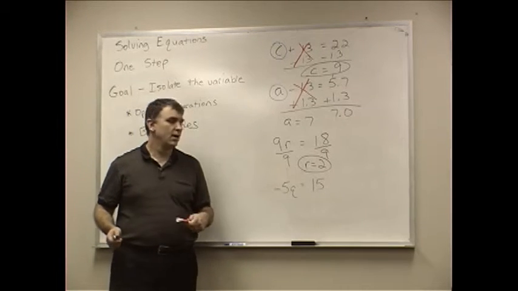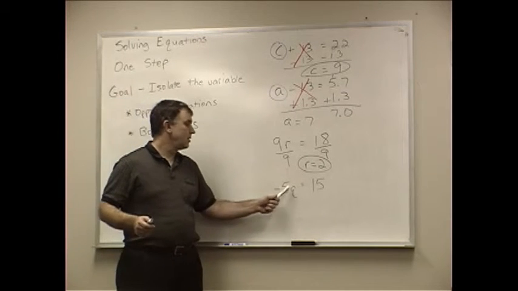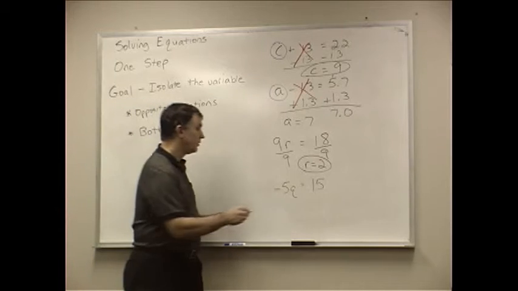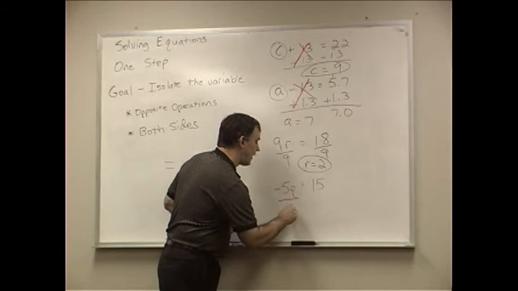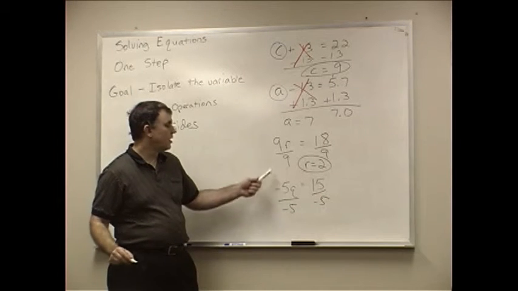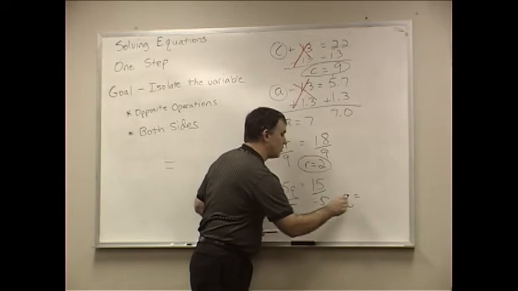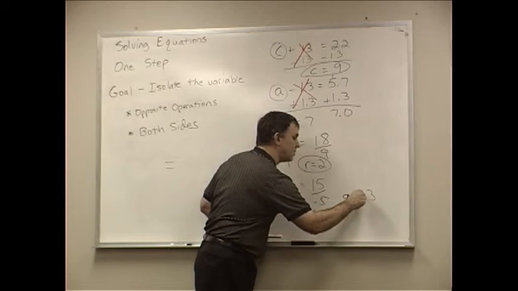The last one, negative 5q equals 15. Again, the opposite of multiplying is dividing. Now we're going to divide by negative 5 on both sides. The negative 5's go away, and I end up getting q equals negative 3.